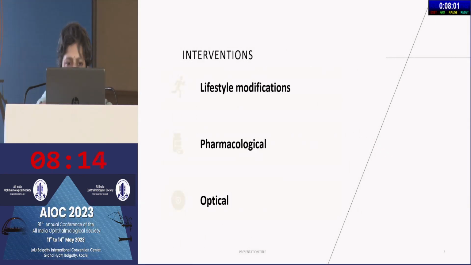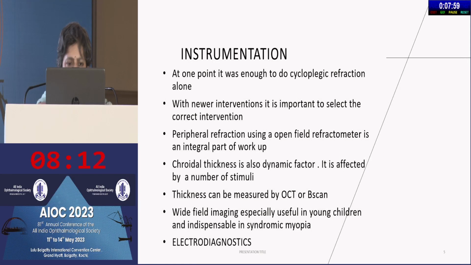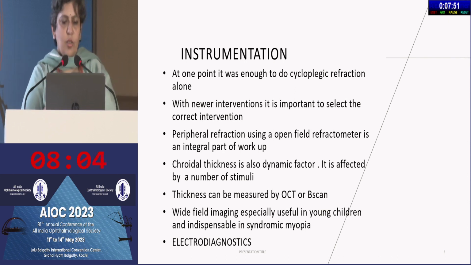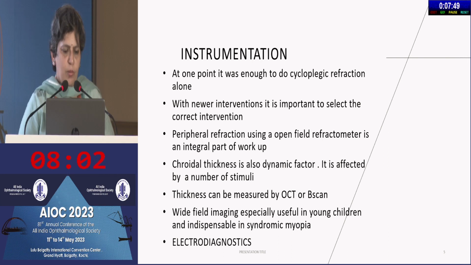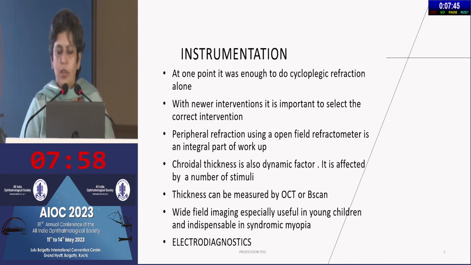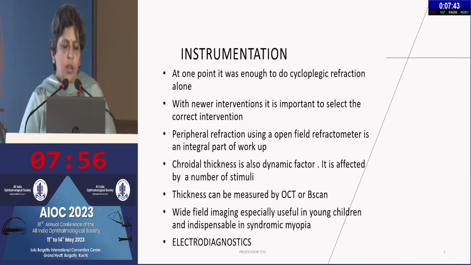So what has changed in our instrumentation? At one point it was enough to do cycloplegic refraction alone, but with the newer interventions it's important to select the correct intervention, and you need peripheral refraction, using an open field refractometer, as an integral part of the workup.